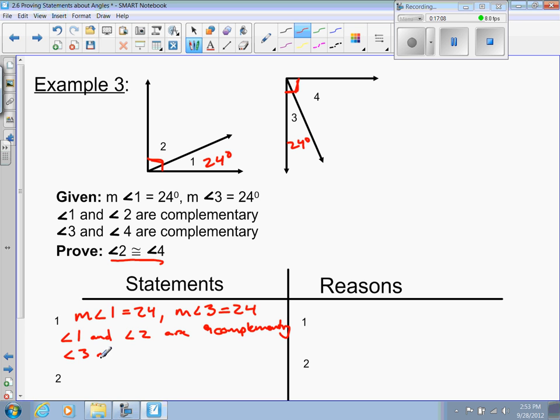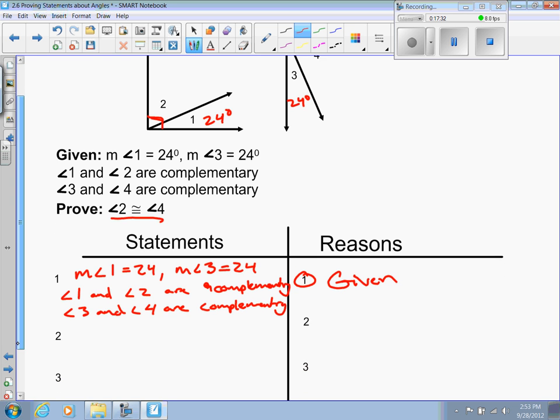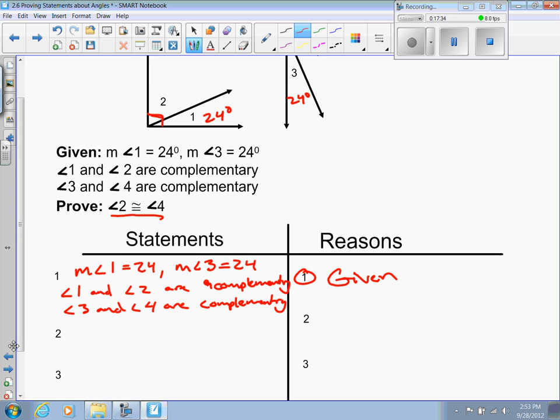Angle 3 and angle 4 are complementary. So notice these take up some room in your notebook or on your homework assignment. Reason for that, given. So far, I think every single proof we've had has started with given. So that 90% rule is right on.